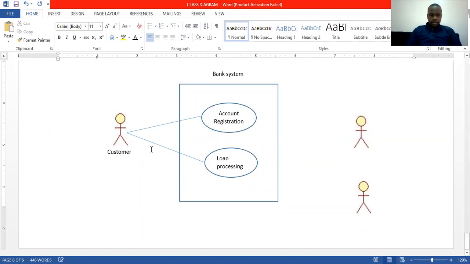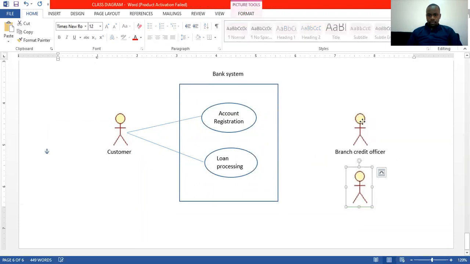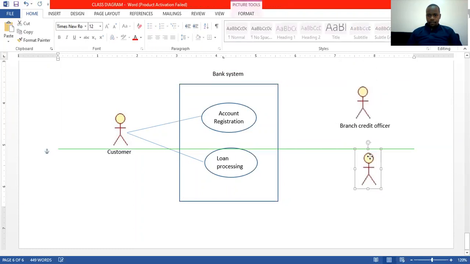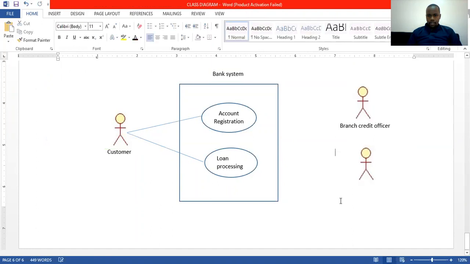This is branch officer. Then this is who? Let me cut this. So branch credit officer. And then here we have branch manager.